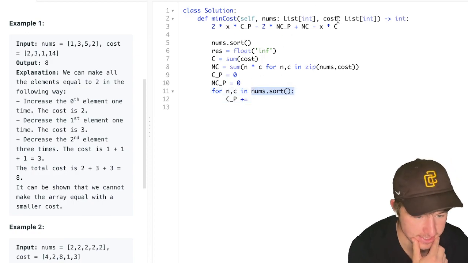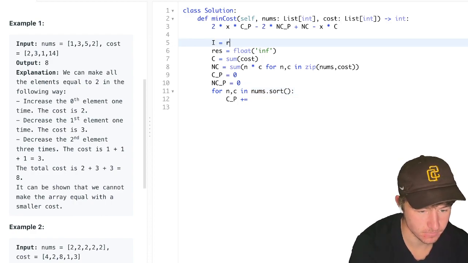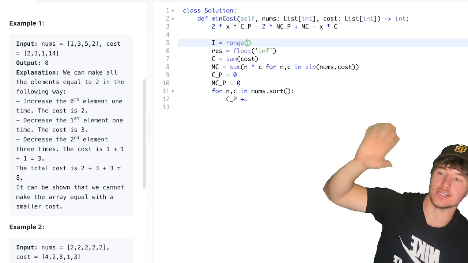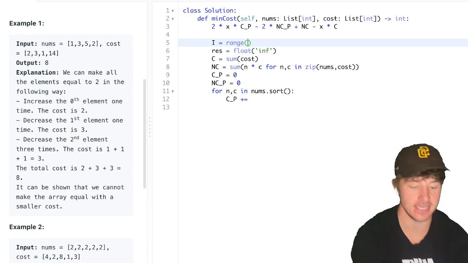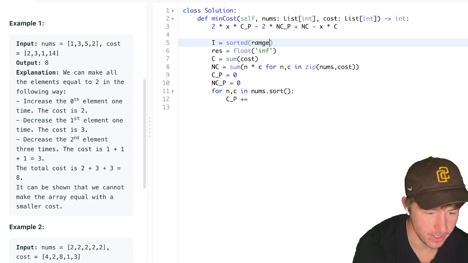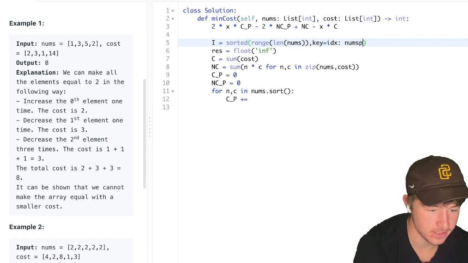Well, the thing is that cost needs to be sorted according to nums. So we'll do an index array. The problem is when you sort nums, you lose the cost of each thing. So you need them to stay together. So we'll do sorted range length of nums, with the key equals for the index, the nums at the index.